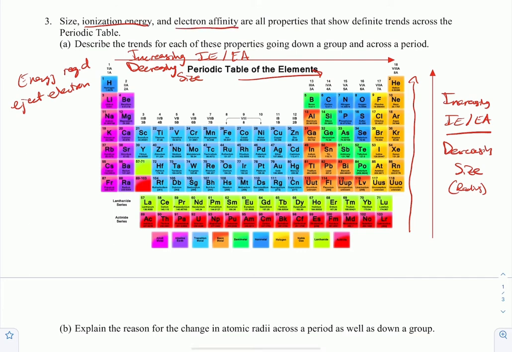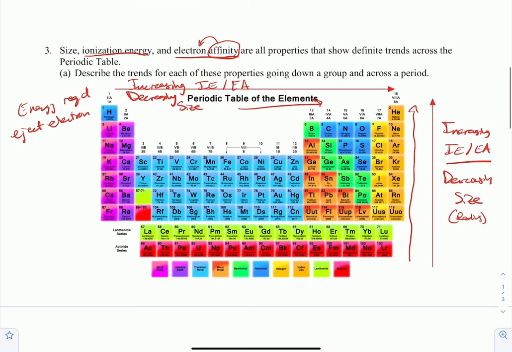Electron affinity has to do with the affinity of an atom to accept an electron. If I have an affinity for something, like say I have an affinity for food, that means I like food. So electron affinity has to do with the atom liking electrons and wanting to take one on to itself. What we're really measuring here is the energy released when we add the electron.